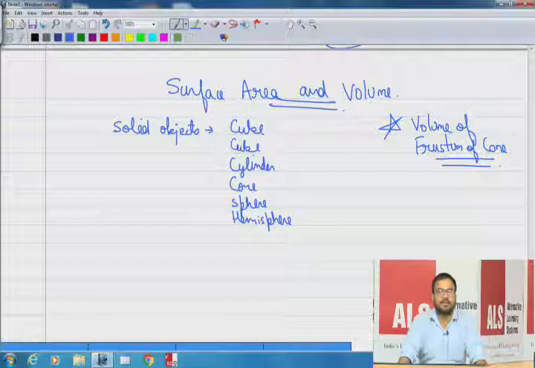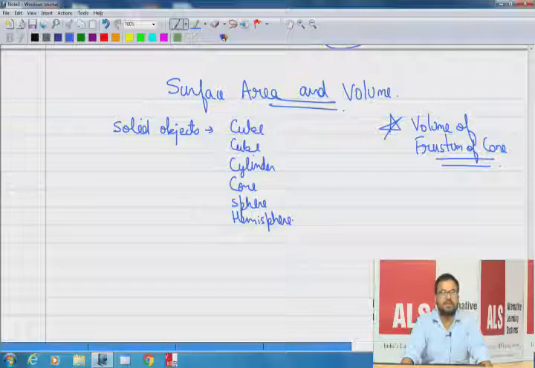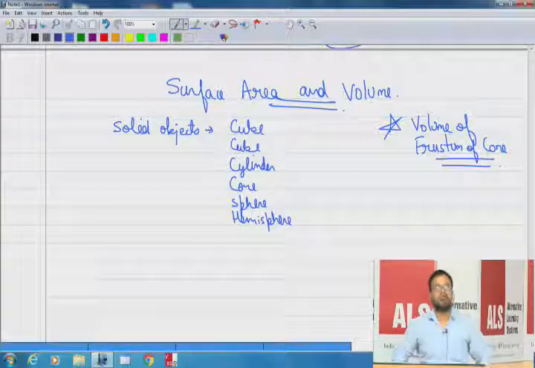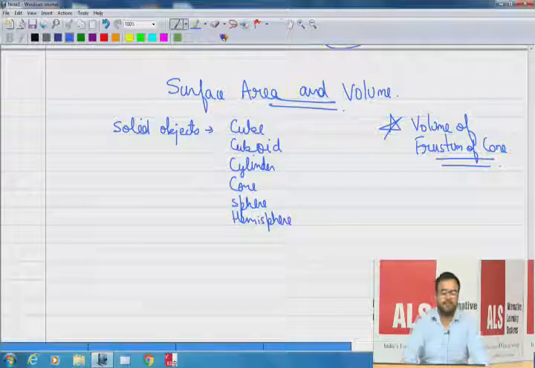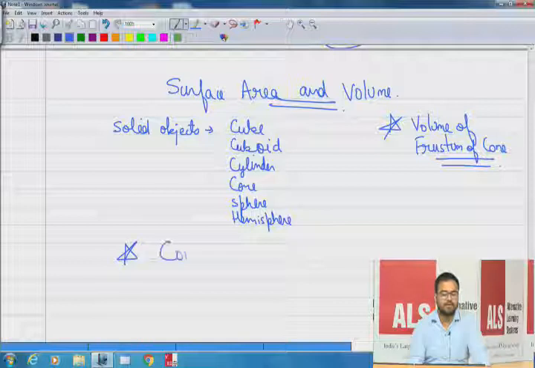These were the 6 solids: cube, cuboid, cylinder, cone, sphere, and hemisphere. And the questions were based on either only the cube or only the cuboid, only on cylinder, cone. But in the 10th class, we will be using the concept of combination of solids.